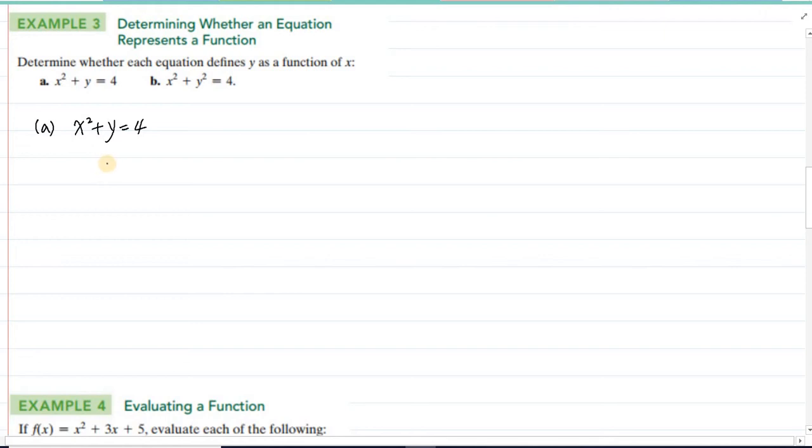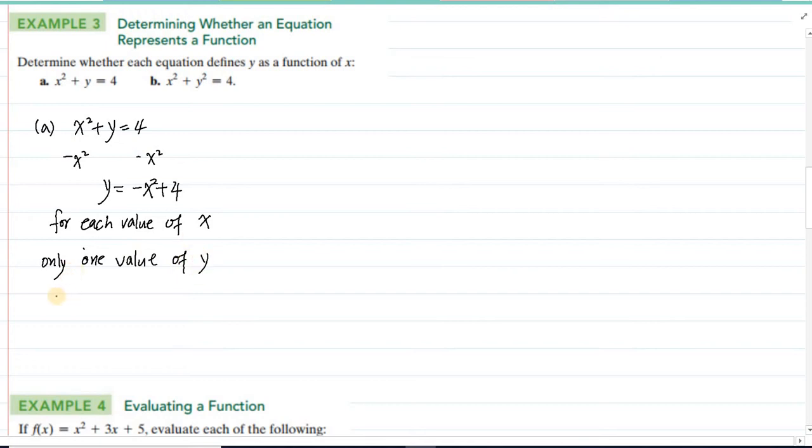I'm going to subtract x squared from both sides, or you can think of this as moving it to the other side and changing it to a negative. Then y equals negative x squared plus 4, which means for each value of x, we only have one value of y. So we say yes, this is a function.